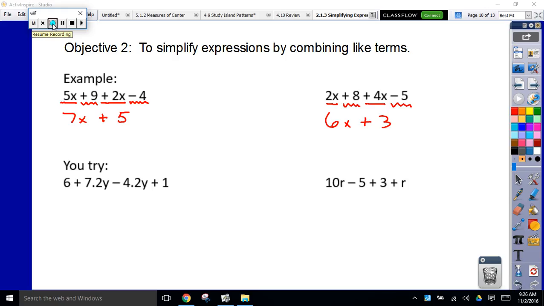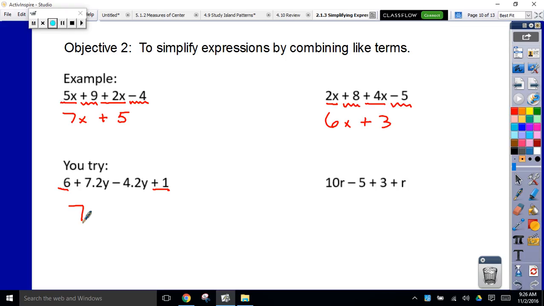Okay, so for this one, Spencer, what are some of my like terms up here? What could I underline? 6 and 1. And make sure you get the plus sign in front. 6 plus 1. So when I combine those, Spencer, what do I get? 7. Good.